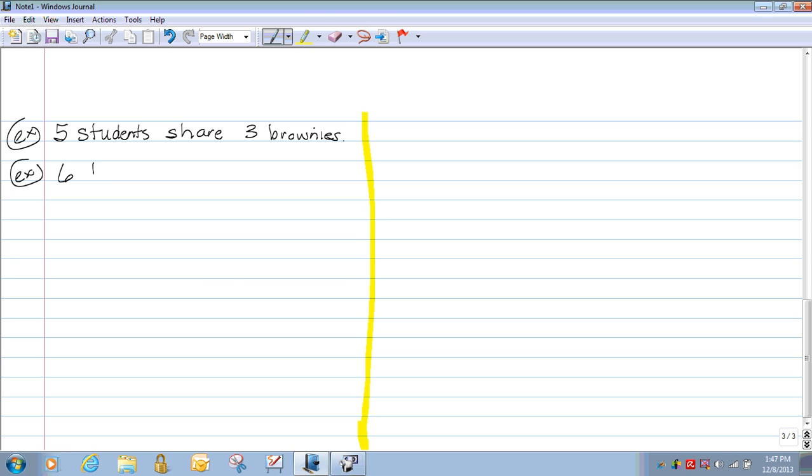The second one is 6 teachers shared 4 sodas. And how about 6 puppies shared 5 puppy treats? What is the share each puppy would receive?